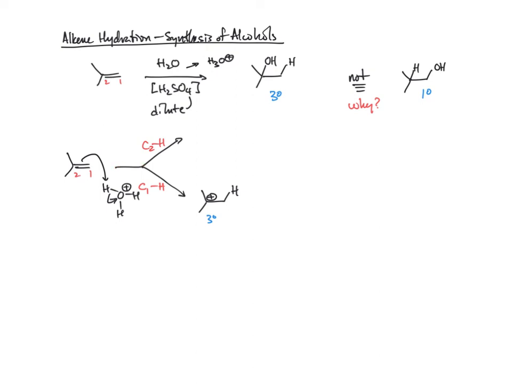Now let's evaluate if carbon 2 gets the proton, what that structure is, and then we have to compare. When that happens, that's what we get. And what is the classification of that carbocation? Blakely says primary. So as a reminder, which one of these carbocations is the most stable?